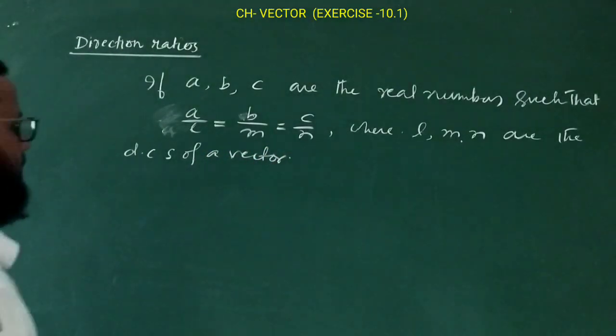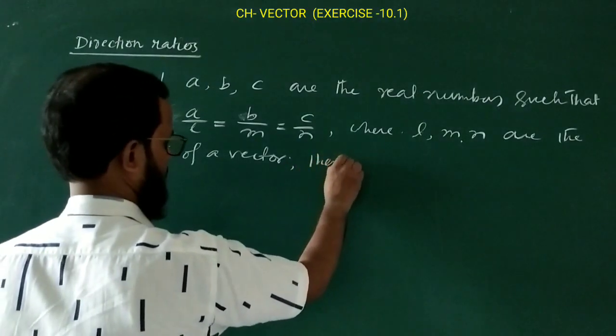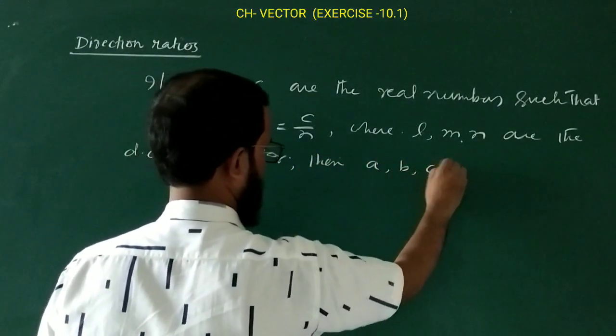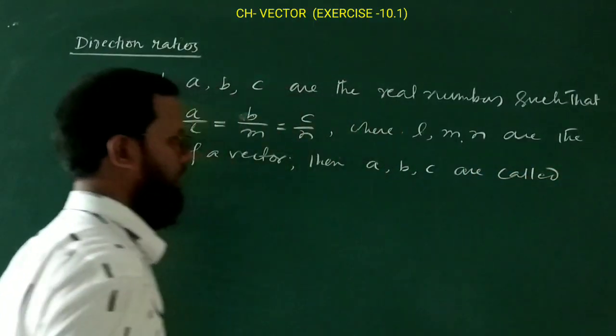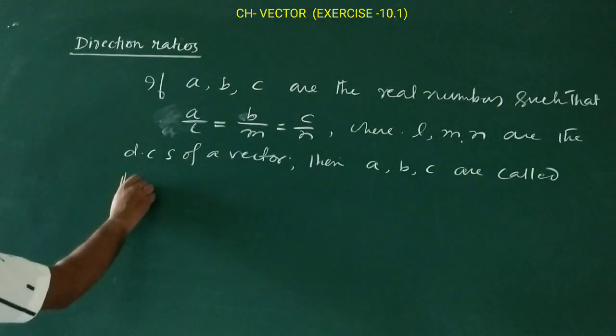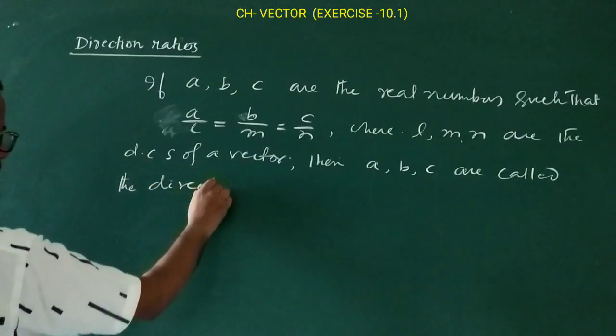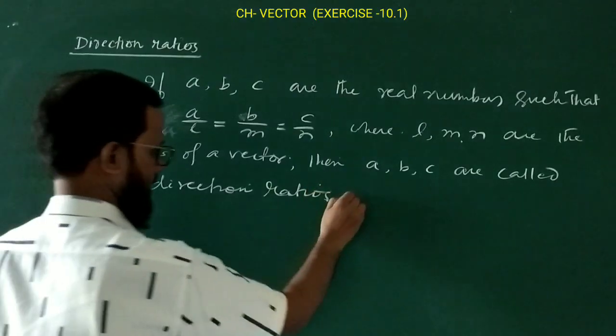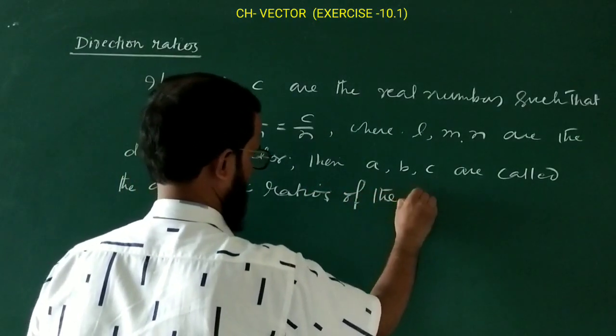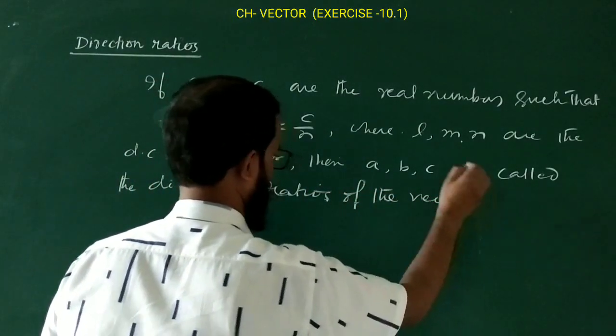Then a, b, c are called the direction ratios of the vector.